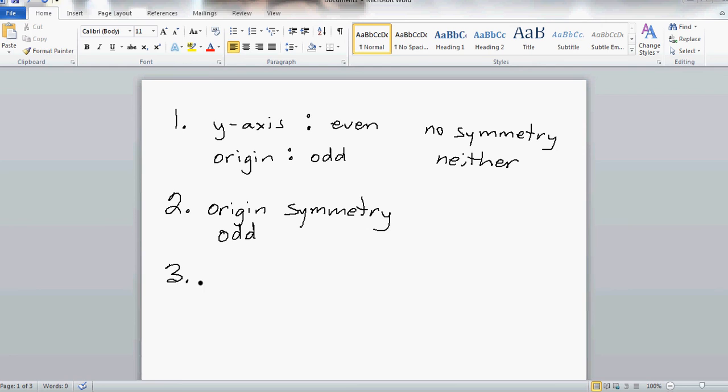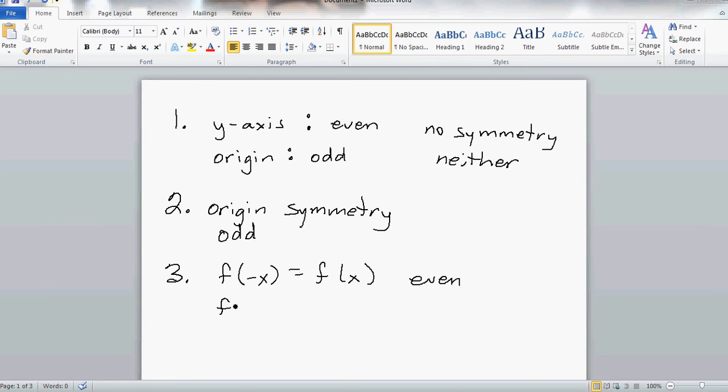Now, how do we determine these things if we are given equations, like in 3 through 5? The first thing we do is find f of negative x. If f of negative x is exactly the same as f of x, then it is even.